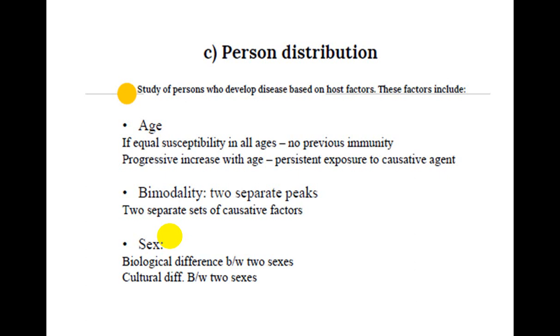Bimodality. Sometimes there may be two separate peaks instead of one in the age incidence curve of a disease, as in the case of leukemia and female breast cancer. This phenomenon is known as a bimodal age incidence curve. The curve is bimodal with an initial peak between ages 15 and 35 years and a later peak starting at age 50.